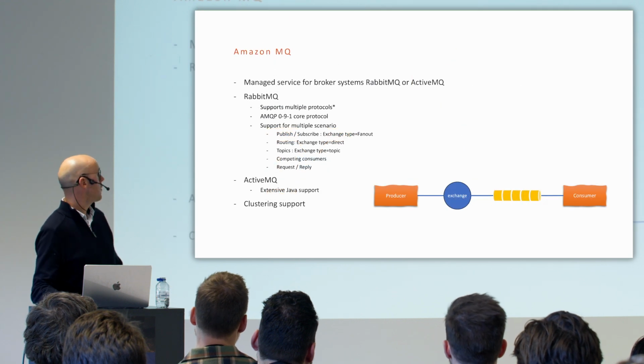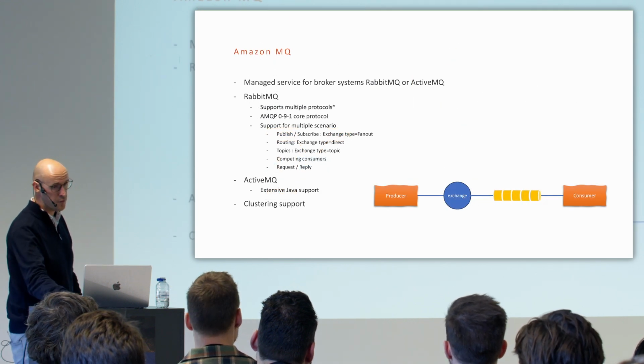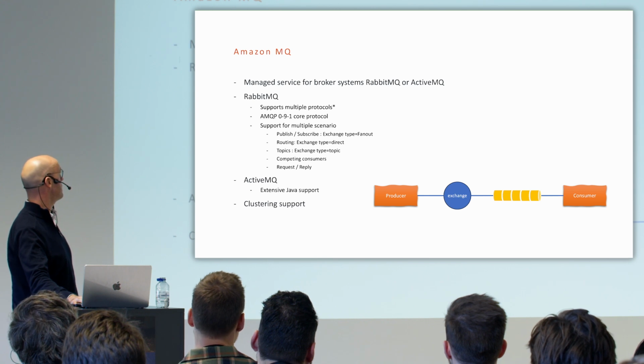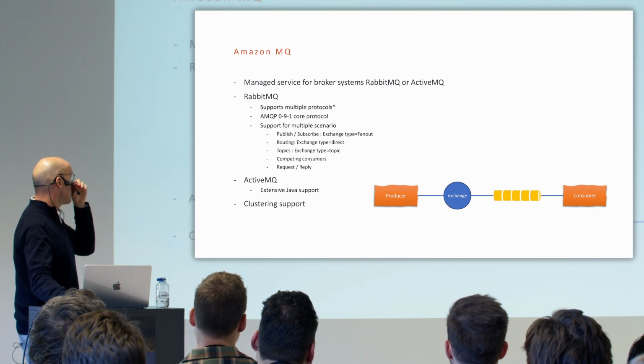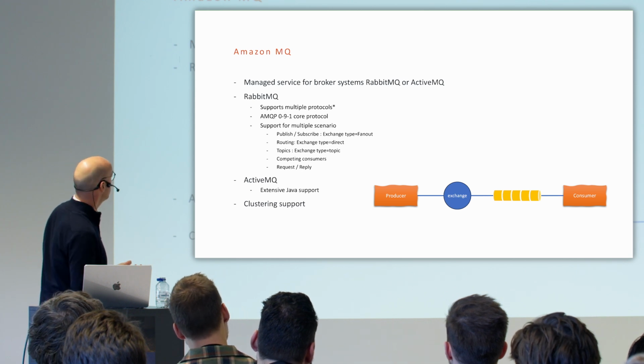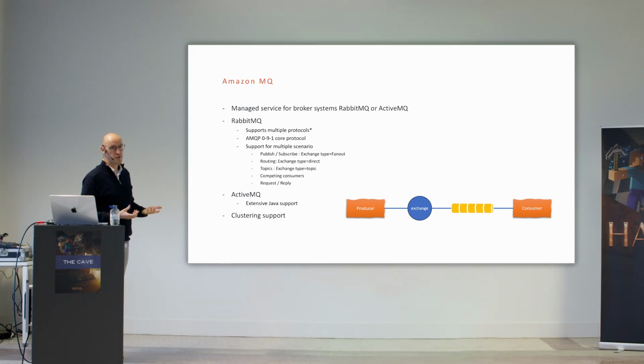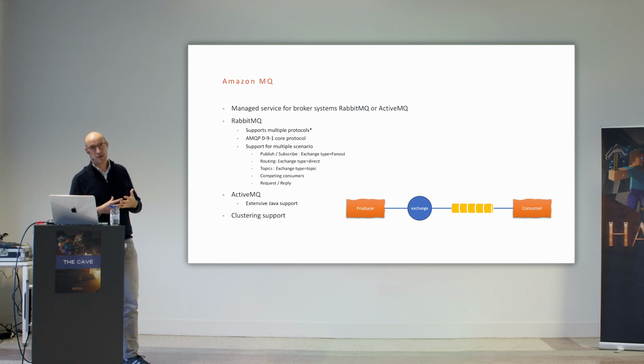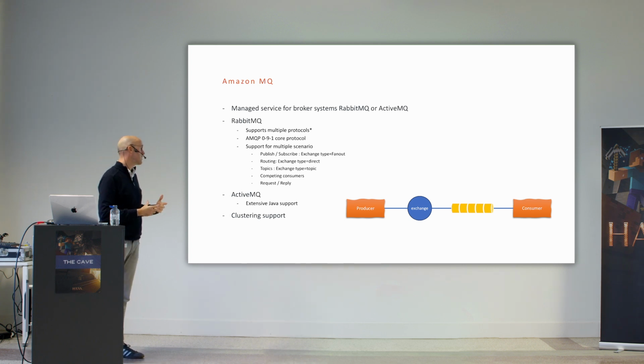Now, what do we have for brokers? For example, Amazon MQ. What is Amazon MQ? Amazon MQ is a managed service from AWS for broker systems like RabbitMQ or ActiveMQ. Now, what is RabbitMQ? RabbitMQ is most of the time a managed service for the AMQP protocol. You can have different protocols on it as well.